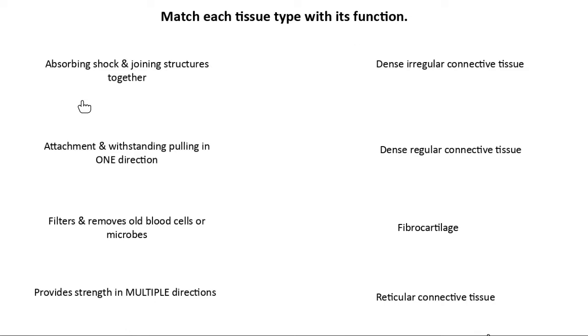So let's start up here. Our first function that we were matching up was the type of tissue that absorbs shock and joins things together. Did we figure out with our group which kind of tissue absorbs shock and joins things together?